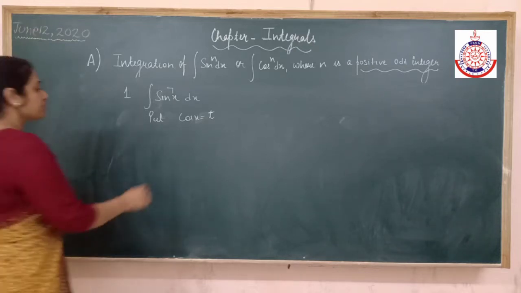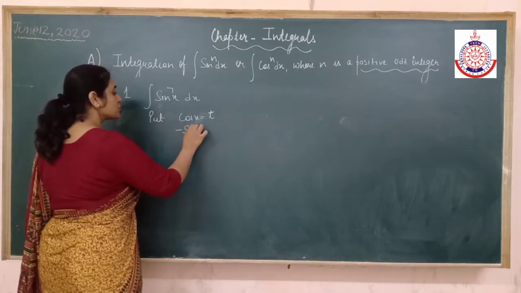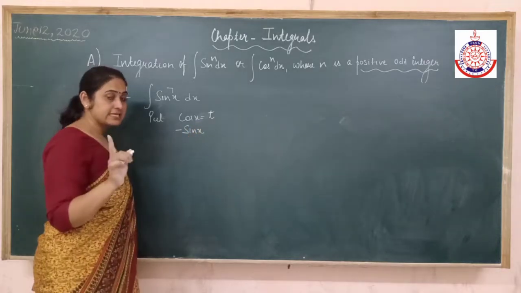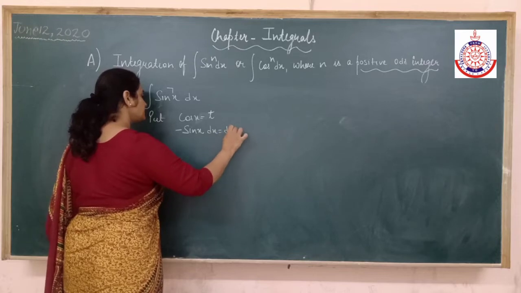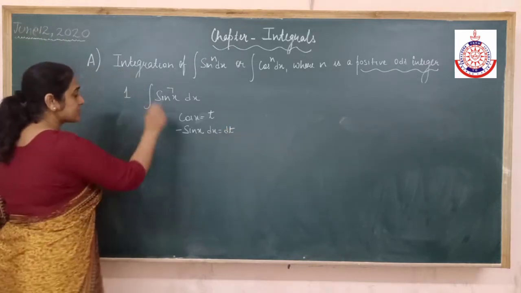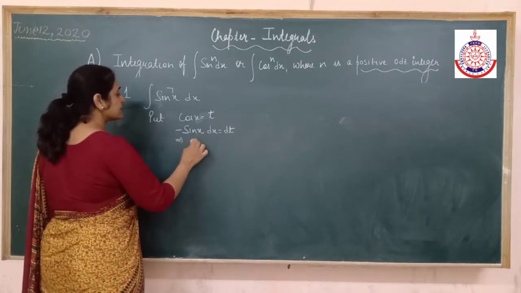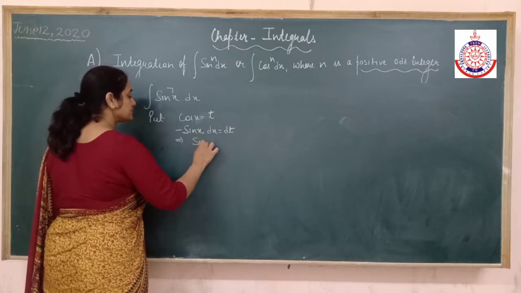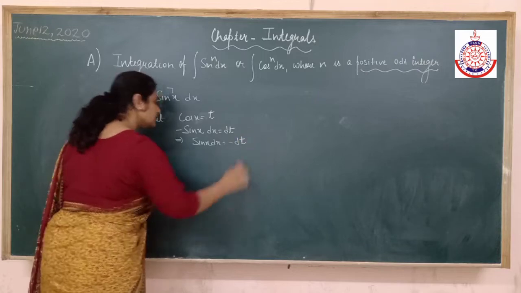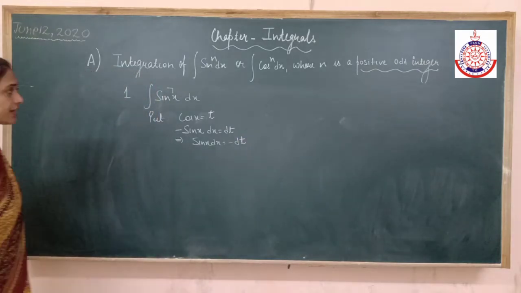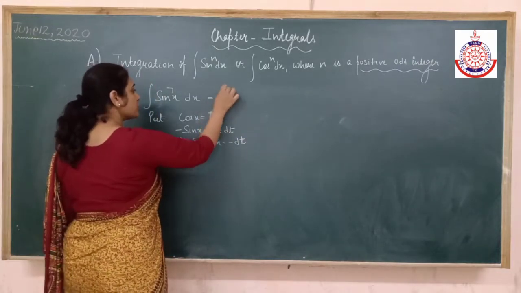Now differentiate both sides. Differentiation of cos is minus sine. So minus sin x dx equals dt. I don't have the minus in the integral, so I will write it accordingly. So now this is my question.